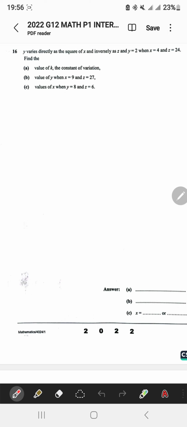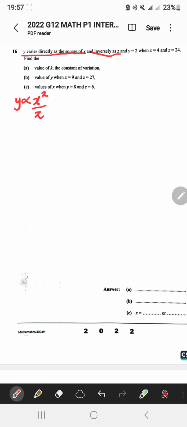The question says y varies directly as the square of x, which is written as x squared, and inversely as z. When there is the term inversely, it means we are going to divide this by z. So this is the expression that we are going to use.